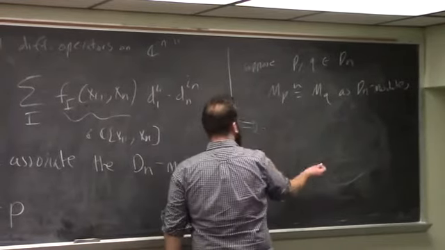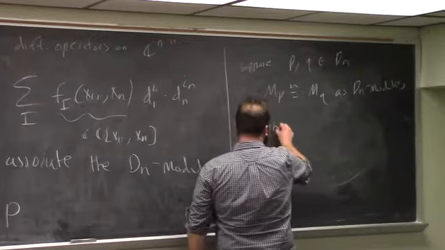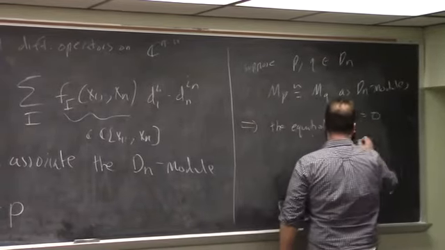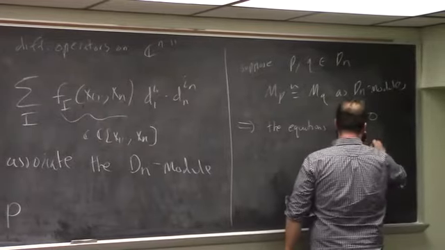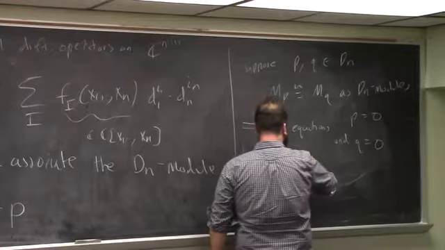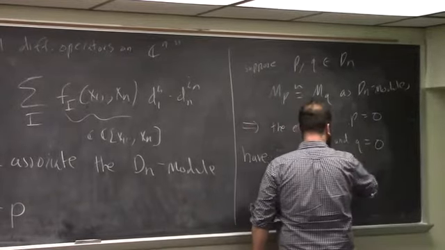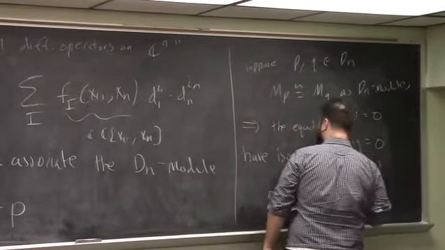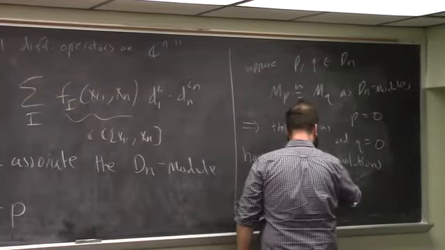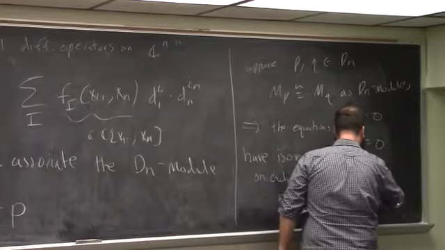This implies that the differential equations P equals 0 and Q equals 0 have isomorphic solution spaces on each open subset of C^n.